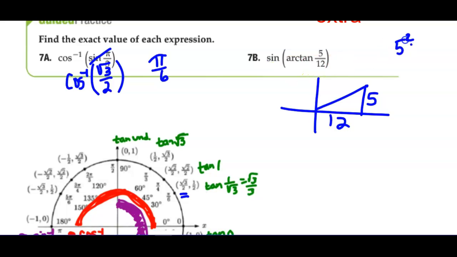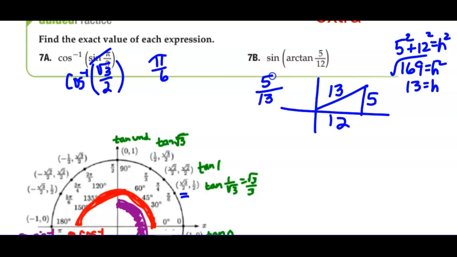So I have to do Pythagorean theorem to find the hypotenuse here. This is 25, and 144 is 169. Square root of that is 13. So the sine is opposite over hypotenuse, or y over r. All right, so those were just a couple quick examples that you don't have.